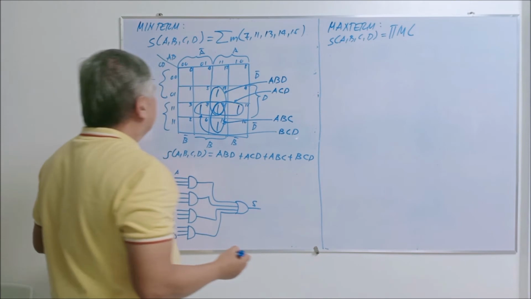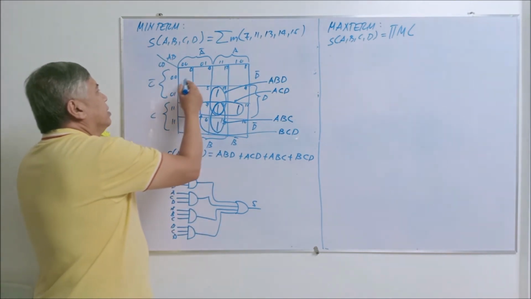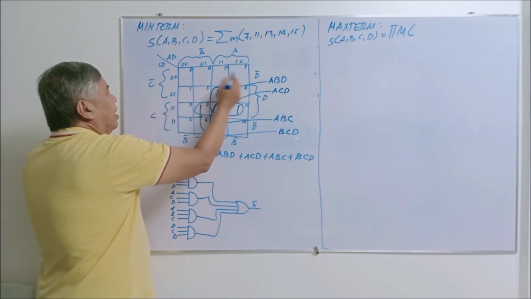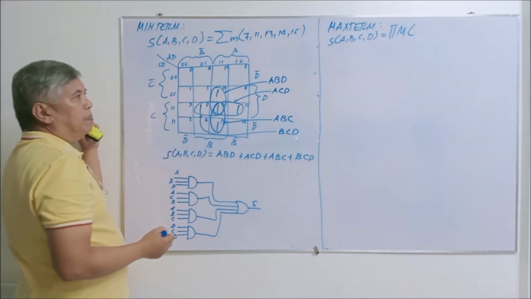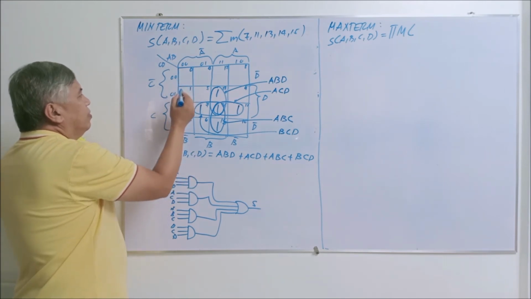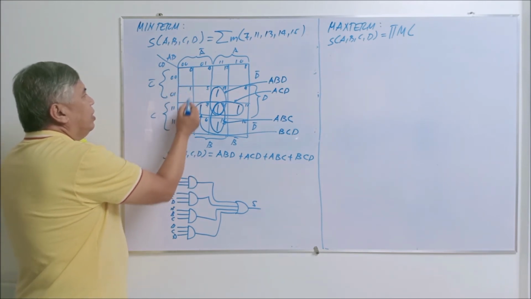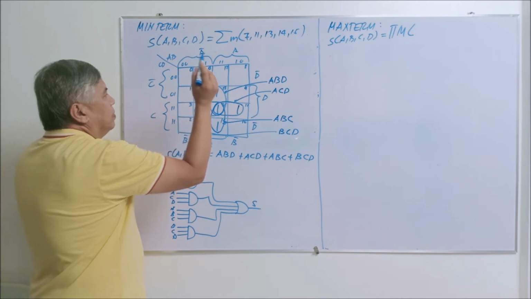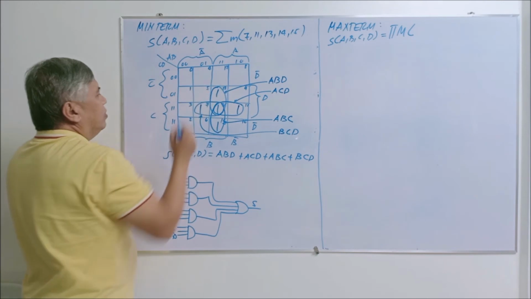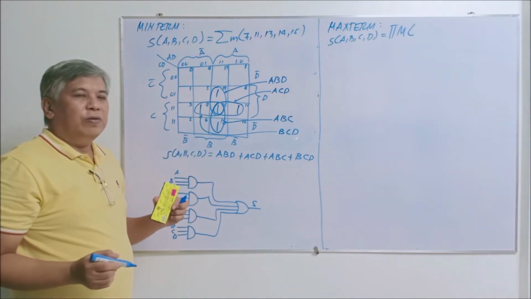And what are the max terms? These are the cells which are vacant in this particular map. So what cells are vacant? You have 0, 1, 2, 3, 4, 5, 8, 9, 10, and 12. That will be your max term.